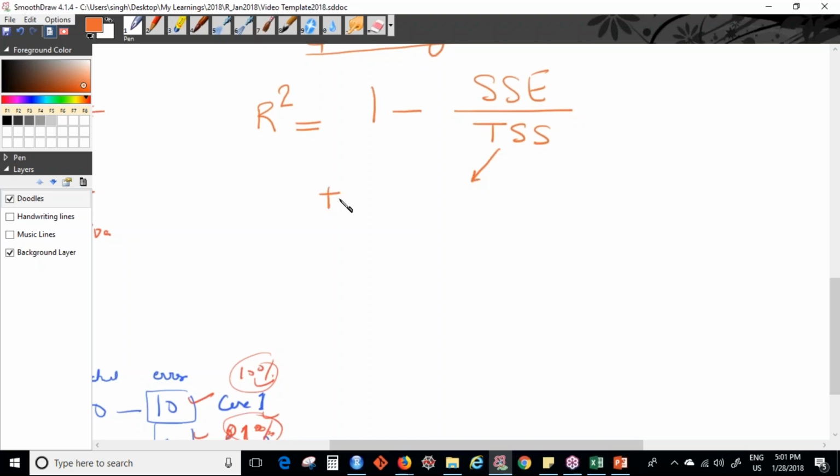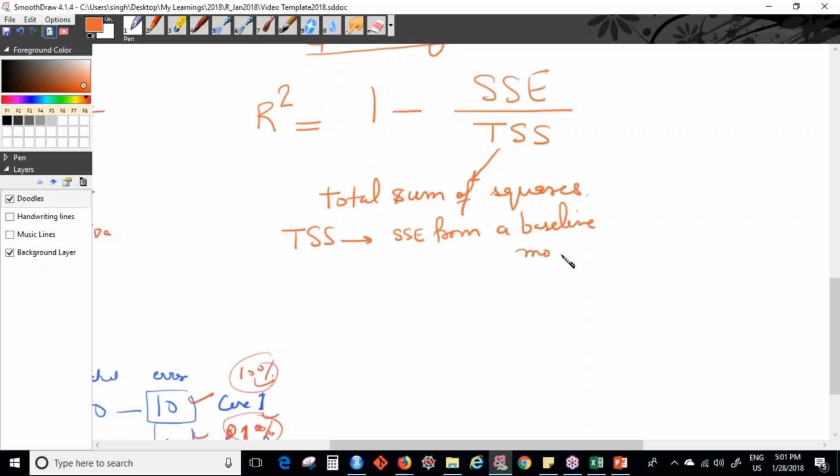TSS is the SSE from a baseline model. Now what is a baseline model, guys? Anybody remember? We discussed it, I think, day before yesterday or yesterday. What is a baseline model? Yes, no independent variable. And what does it predict? If there is no independent variable, what does it predict?